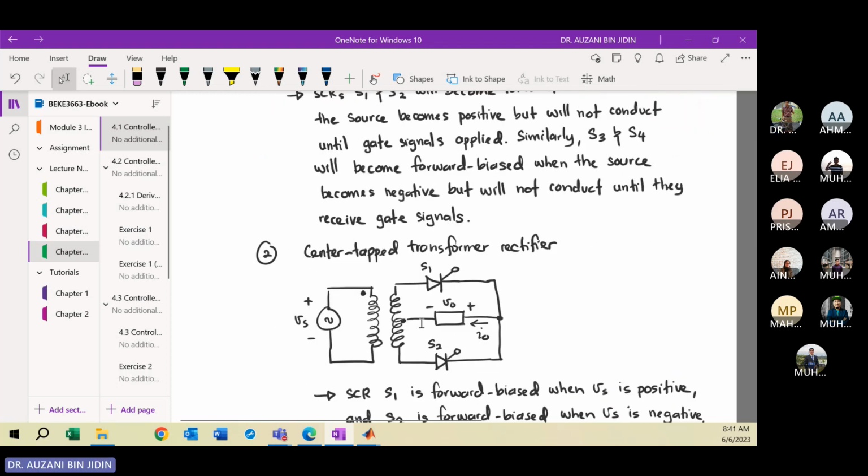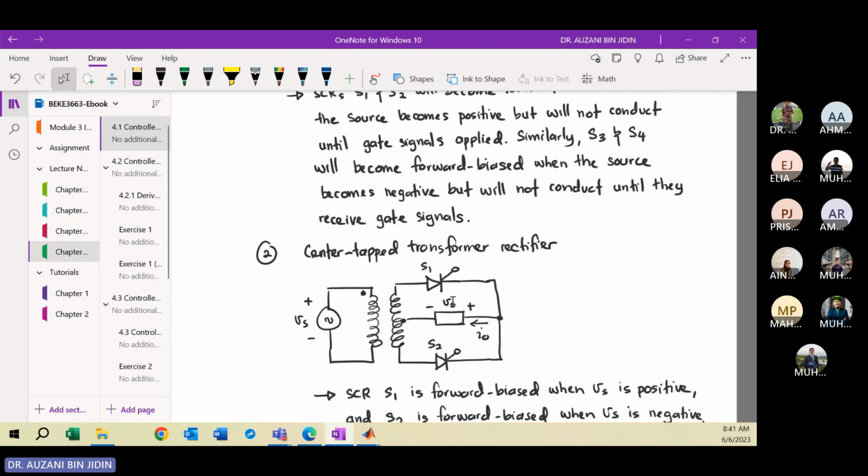In this case, you need to employ only 2 SCRs. For this type of rectifier, you can produce the desired output voltage by selecting the appropriate value of the transformer ratio, and so you can step up or step down using the transformer.